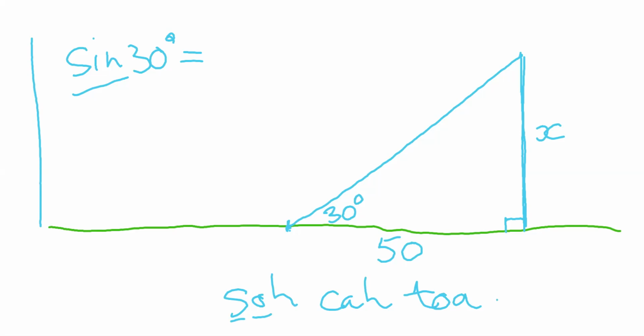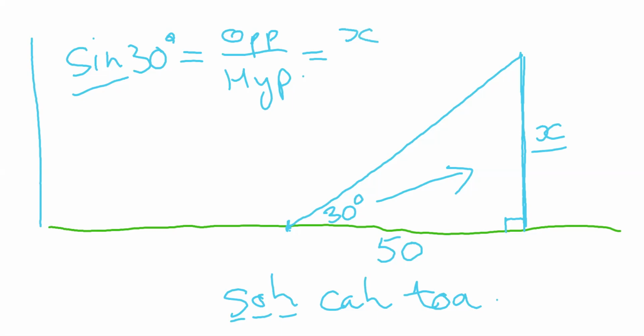Sine is opposite over hypotenuse. So I'm going to write there opposite over hypotenuse. And then I know that that is equal to opposite. Oh dear, we don't know that, but we do know that it's x. And that's what we're trying to find out. Over hypotenuse. We can't do that. We don't know that either. Okay. So we've drawn a blank there.